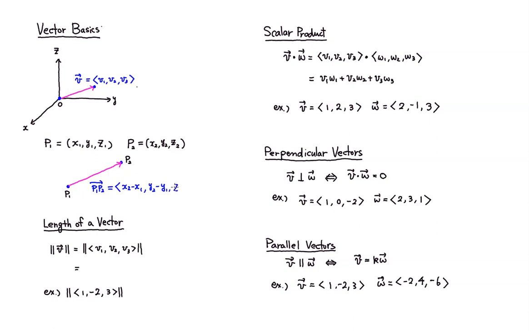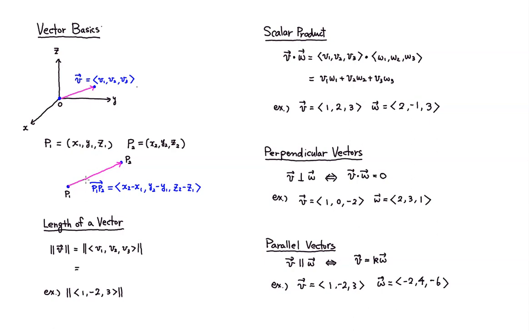Then z2 minus z1 is the z component. So this is the vector p1p2. It's very easy: if you have the coordinates of the head and the tail, head minus tail gives you the vector.